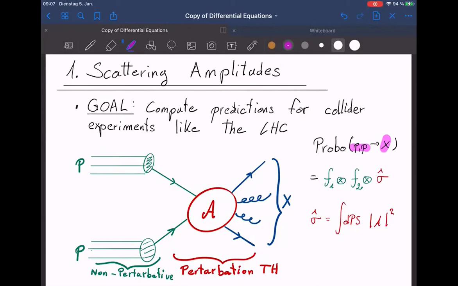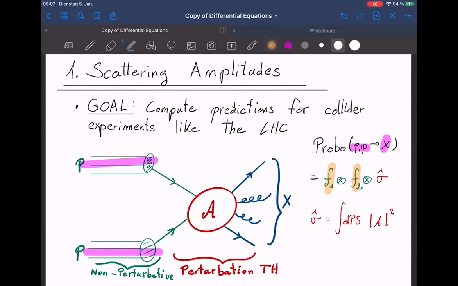So you have two incoming protons here and here. Now, of course, the protons are non-perturbative objects. We cannot compute with those states directly, but there's a way to split the calculation into pieces, one which involves what's called parton distribution functions.